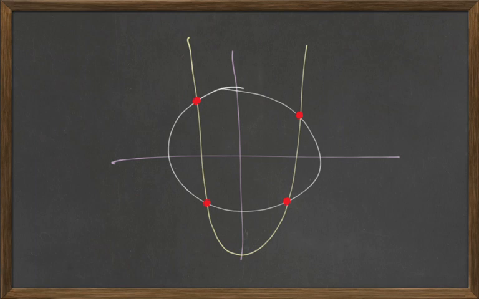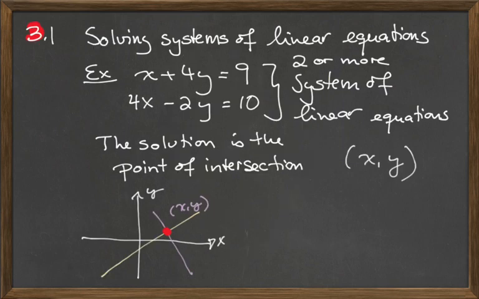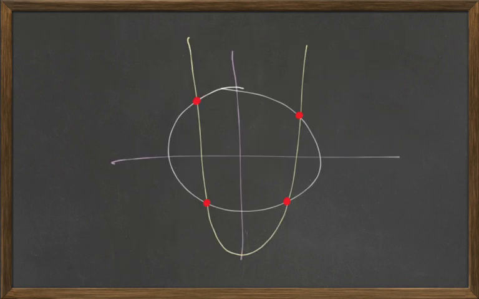And sometimes that has to be done through the quadratic formula and some other stuff. But we're not doing that. We're just looking at linear equations where, if there is a solution, and there's not always a solution, then we have to find that point of intersection.